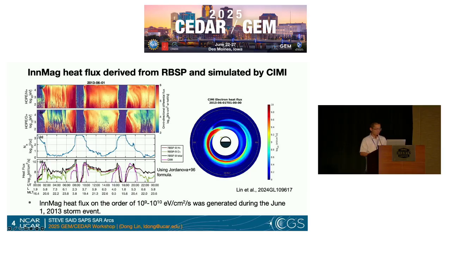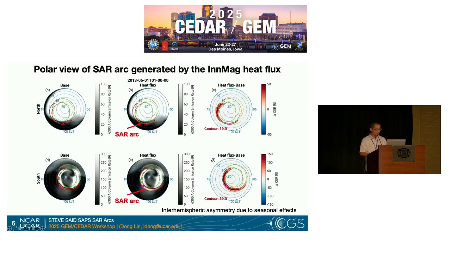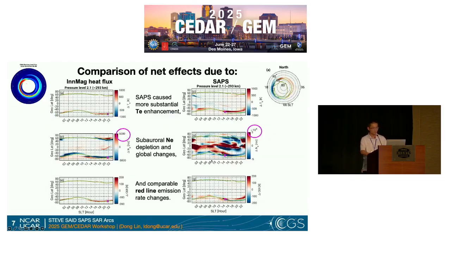Then we use this heat flux to drive the TIDCM, which is basically an ionosphere-thermosphere model. In this controlled numerical simulation, we can compare the net effects due to the heat flux. At the same time, with TIDCM, we can also explore how subauroral polarization streams work.